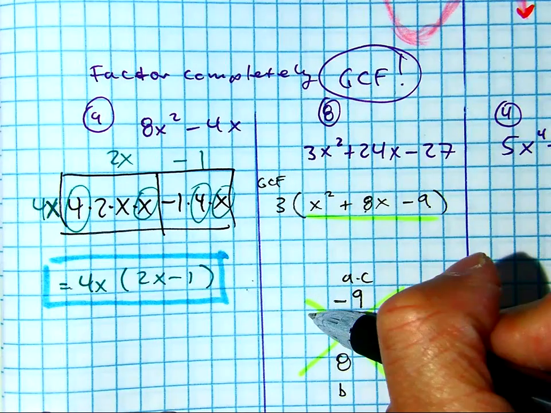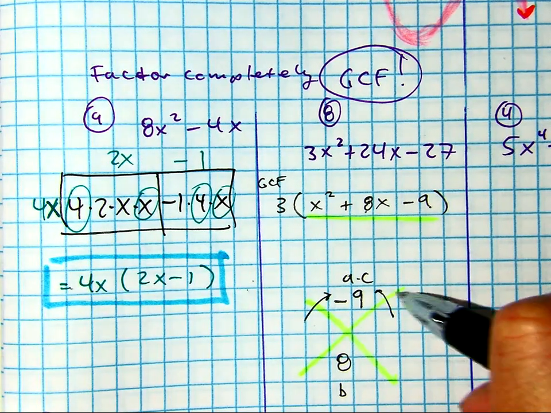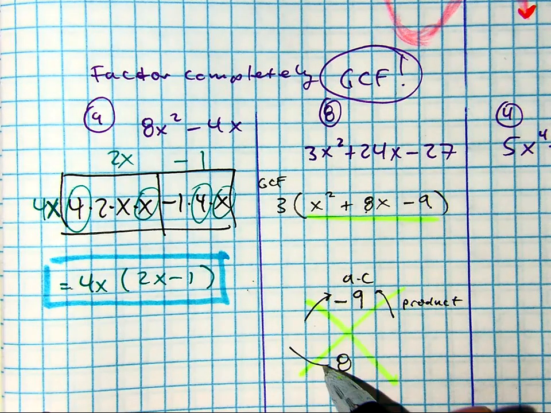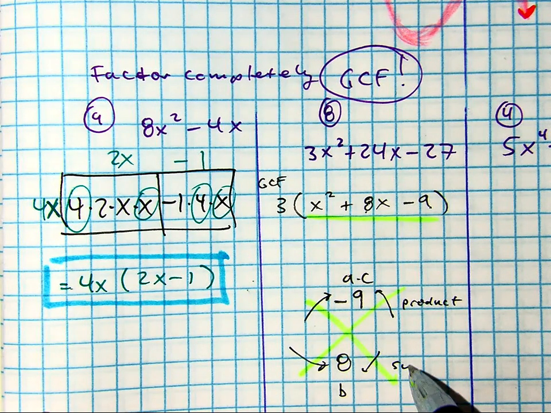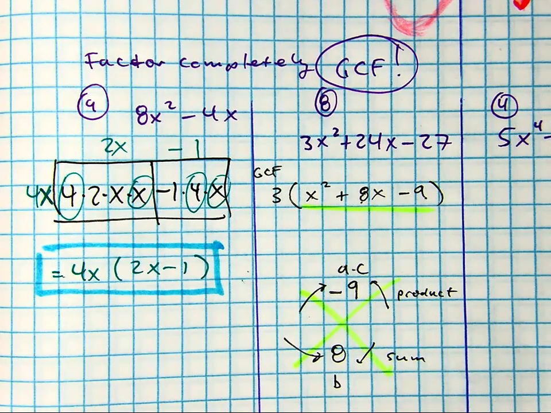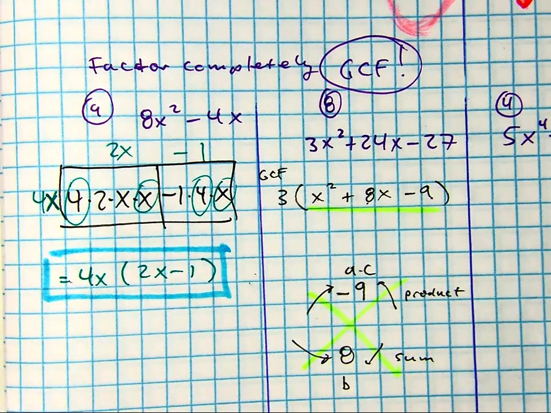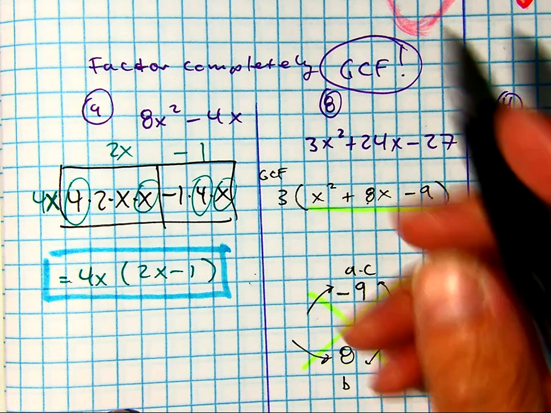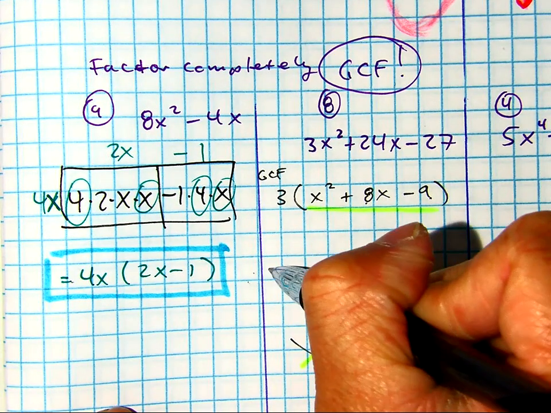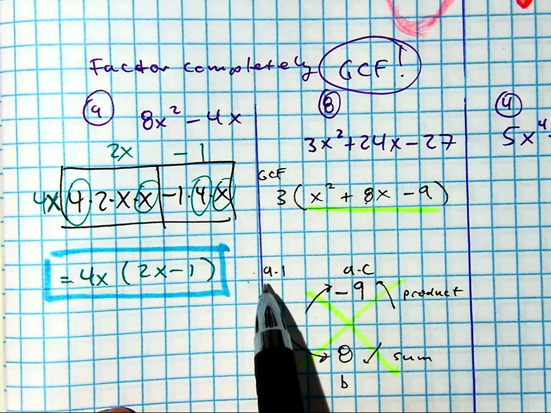I need two numbers when they multiply, or their product, is negative 9, but when you add those two numbers, their sum is 8. Class, what are those two numbers? Now, here's a strategy when they get larger. You write all of the factors of 9 on the side, and you write the larger number on the left side.